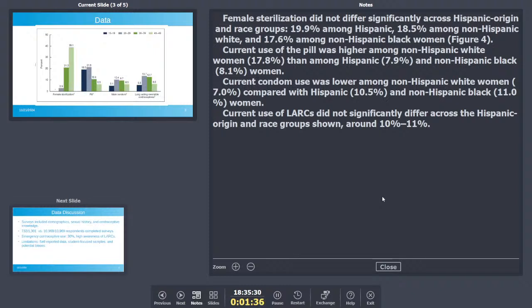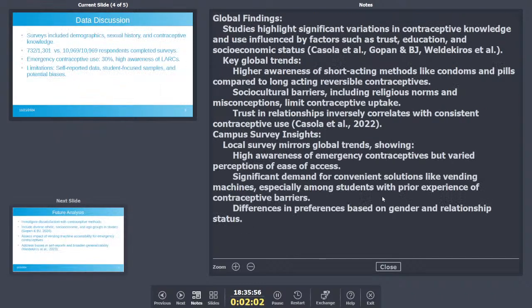Current condom use was lower among non-Hispanic white women compared with Hispanic and non-Hispanic black women. Current use of long-acting reversible contraceptives did not differ significantly across the Hispanic origin and race groups shown, which was around 10 to 11%.